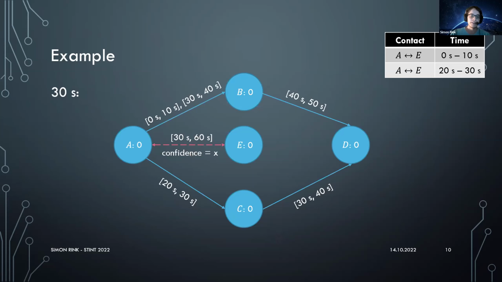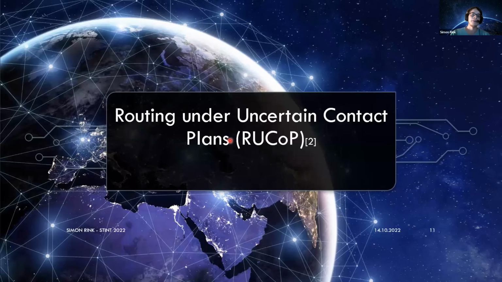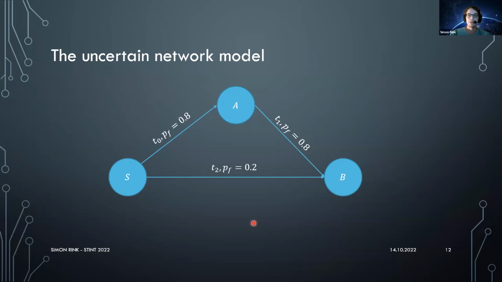Great. So let's move now to the second algorithm I used, which is routing under uncertain contact plans, or short RUCOP. Here we use a slightly different model from what we have seen in OCGR. We have a failure probability assigned to each individual contact, which models the likelihood that a contact will not appear at all and thus offer no connectivity.